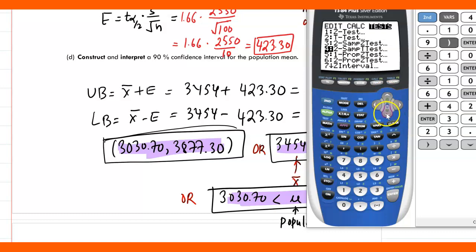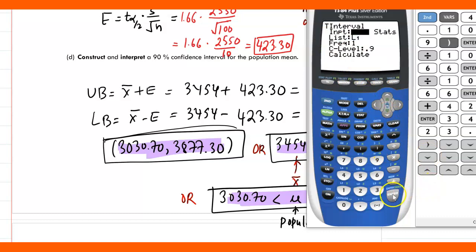I can scroll down, number 8, let's see, TInterval, that's number 8. Let me select number 8, TInterval, enter. Then you have Data and Stats, two options here. But since we have stats, we select Stats here. It should be highlighted, and enter. Then this option pops up.